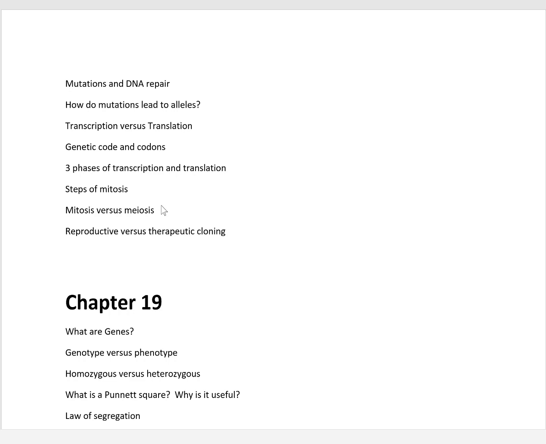With meiosis, you have 2 rounds of cell division, so that one cell ends up becoming 4 cells, but they're haploid. They only have 1 set of chromosomes. That's why meiosis only produces sex cells. In humans, we have the sperm and the egg. They only have 23 chromosomes. All other human cells have 46. So your body cells with 46 chromosomes are diploid. Your sex cells are haploid. So that's the main difference.